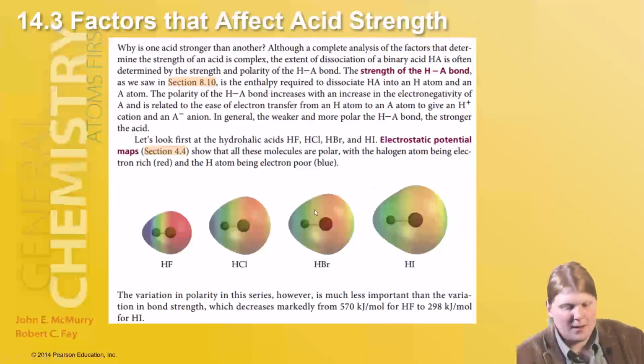This is another way to think about this. The variation in polarity is less important than the variation in bond strength, which decreases markedly from HF, which has really good overlap and strong bonding, all the way down, where it gets weaker. So these are all factors that could affect the strength. Generally, HI could be said to be stronger because it's easier for the proton to dissociate compared to the other two, but they're all strong in water, so the only way I could tell them apart would be from some other context.